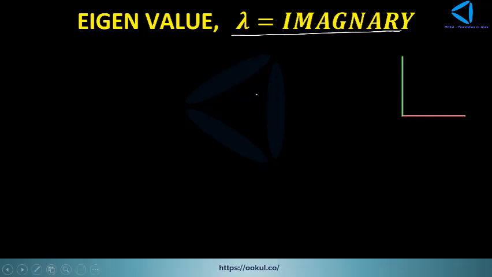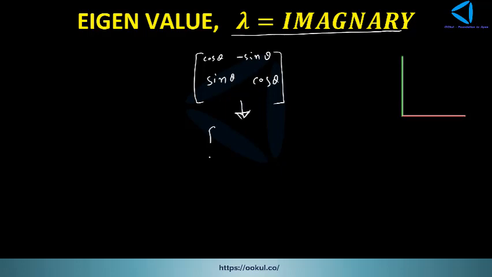So take a rotational matrix, cos theta, minus sin theta, sin theta, cos theta. Let us be more specific and say we are rotating by theta equal to 90 degrees.